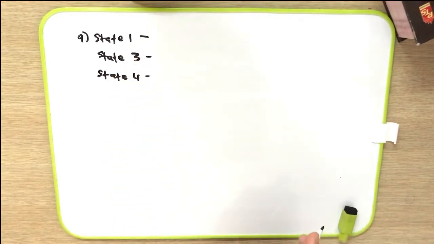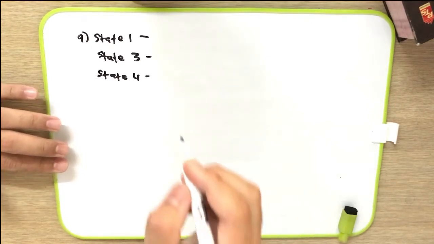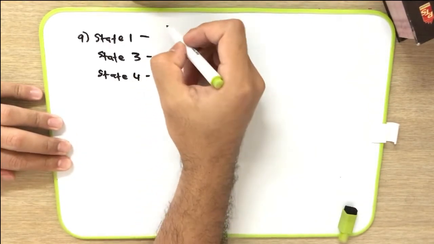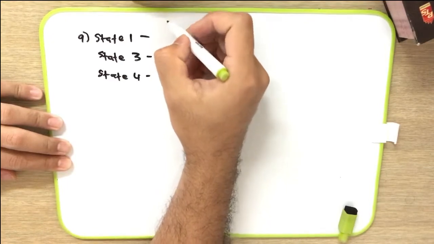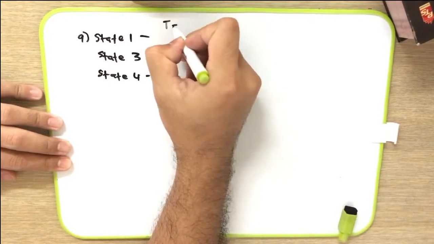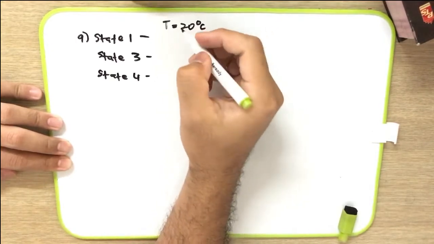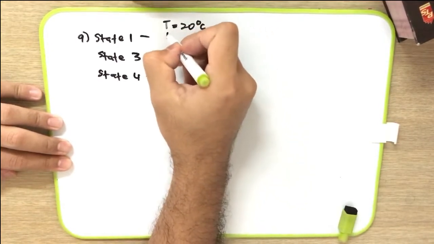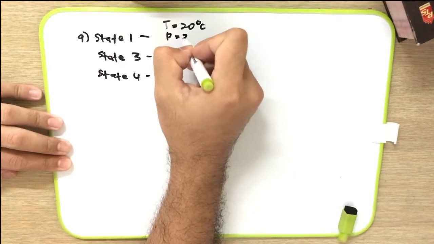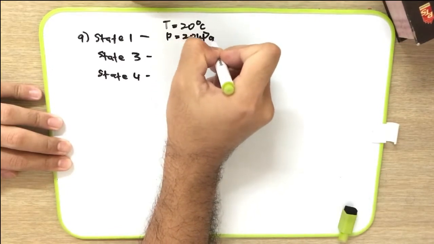Right, so according to the question, state number 1, water is heated from 20 degrees C and 20 kilopascal. Means that at state 1, the temperature is 20 degrees C and the pressure is 20 kilopascal.